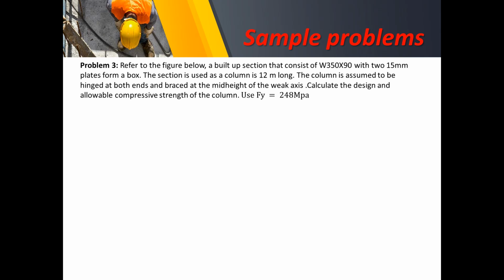In here, a special condition wherein W350 by 90 will be combined with 15mm plates. Of course, another condition here is the column is braced at the mid-height of the weak axis.